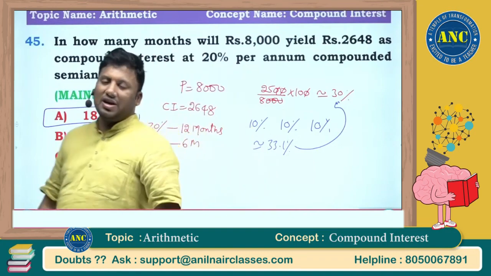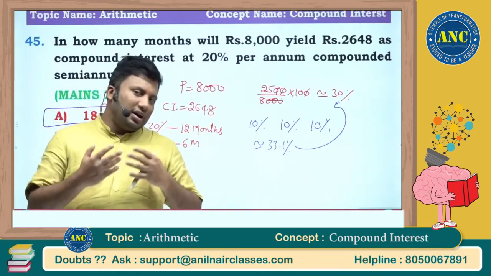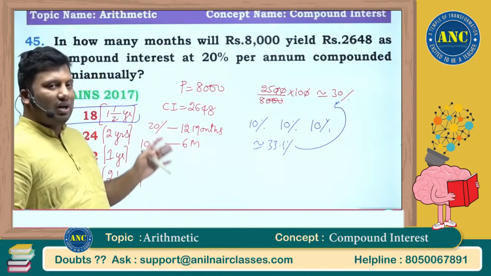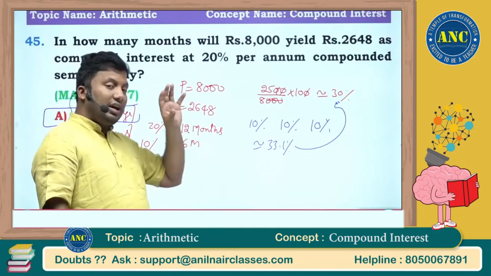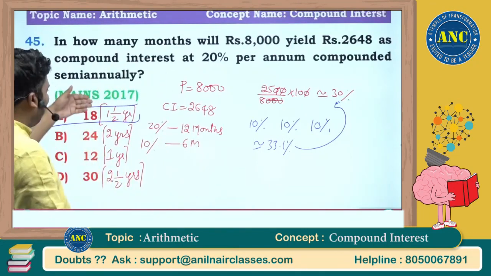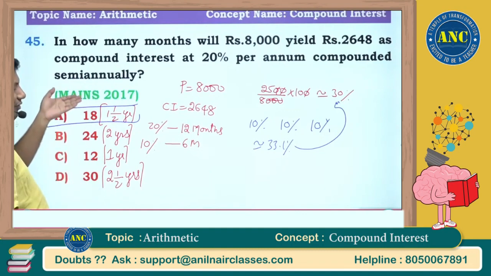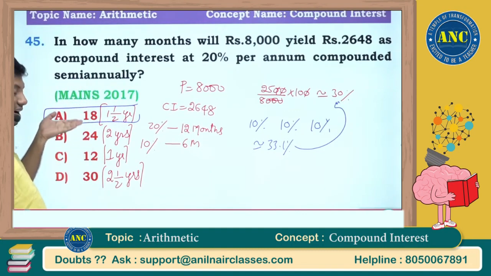Simple question. Within 5 to 10 seconds you can take the answer if your logic is good. Please do not take the exact value. See here, the options are very far from each other. One is 1.5, another is 1 year, another is 2 years, another is 2.5 years.